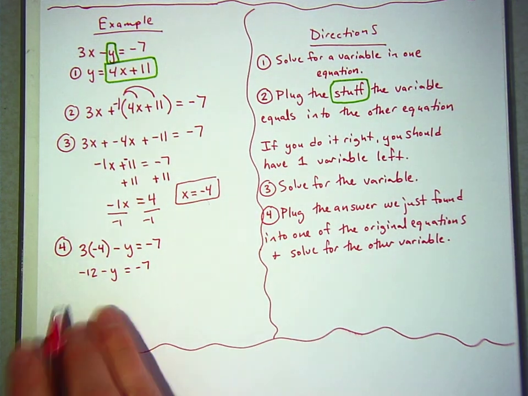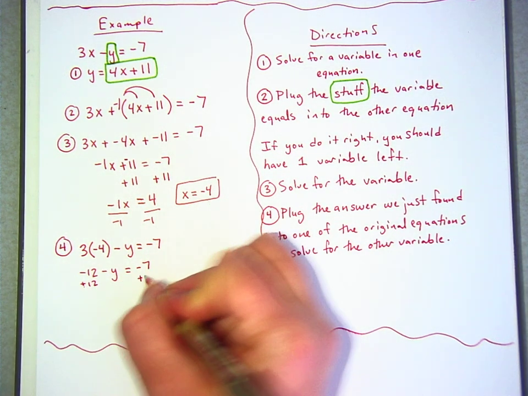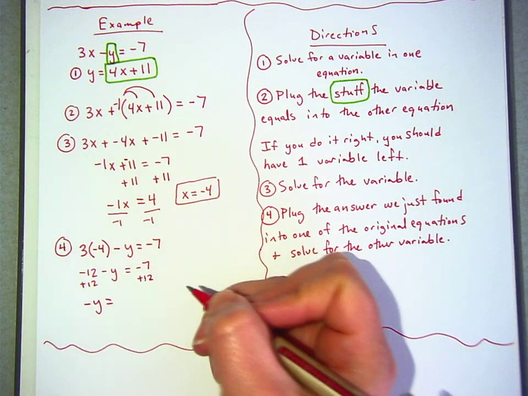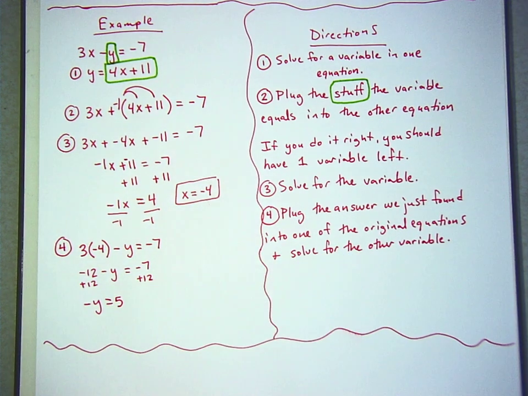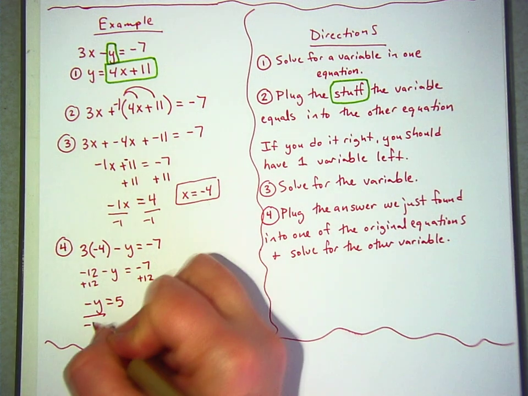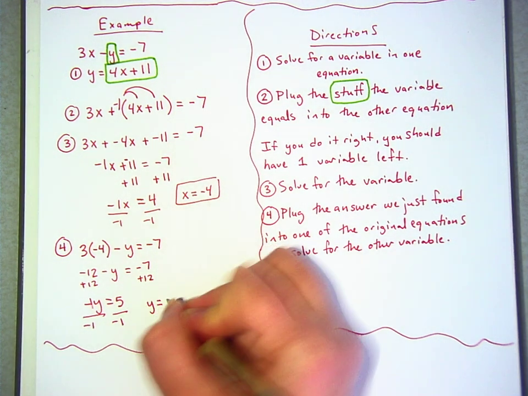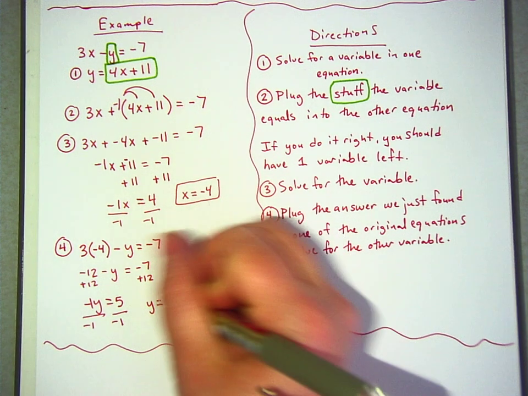How do I get rid of that negative 12? Add 12 to both sides. That makes negative y equals 5. How do I get rid of that negative by the y? Yeah? Divide by negative 1. You could also multiply by negative 1. Either one would work. Y equals, I got negative 5. You get negative 5? Okay.